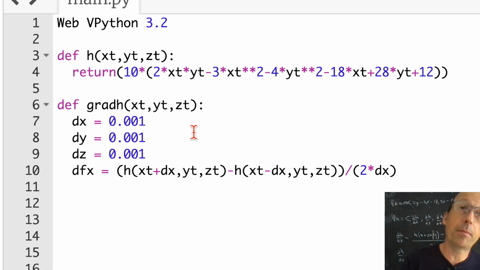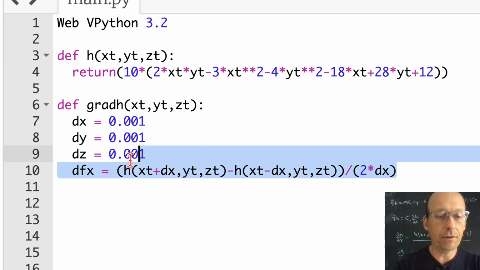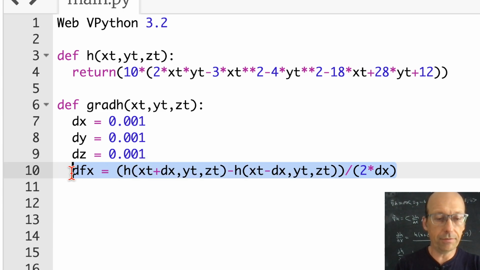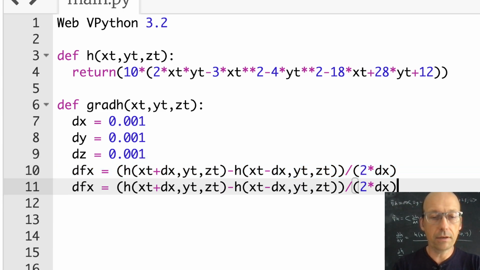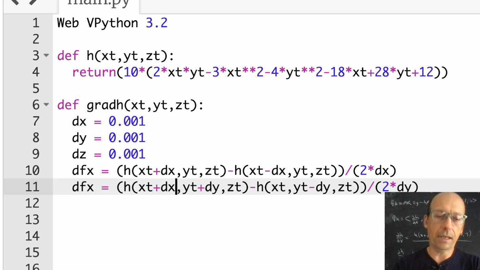Now I need to do the same thing for the y and the z direction. I can just copy this, right? I don't need to redo it. I can copy this and then go down here, and I'm just going to change this to y. Then right here I'm going to say minus dy, and get rid of the x. And over here I'm going to say plus dy, and get rid of the x.